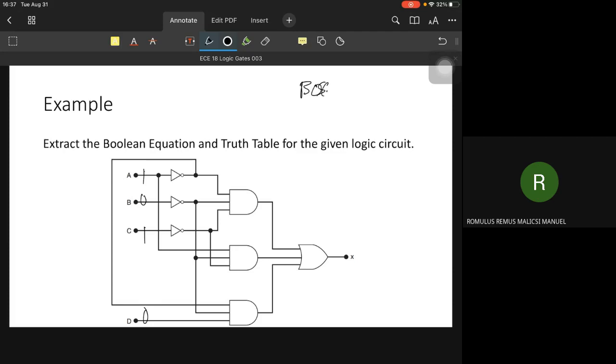Other words. Boolean simplification. Starting with sum of products and product of sum. Kani. I think chapter 3 ni. Try to read beforehand kani nga mga topics, SOP and POS.